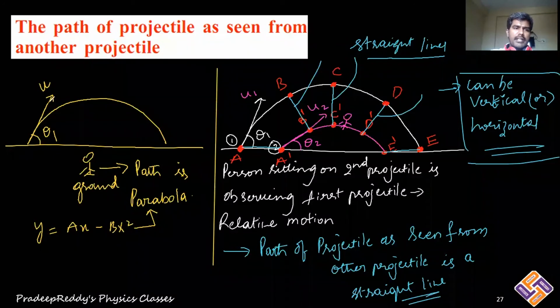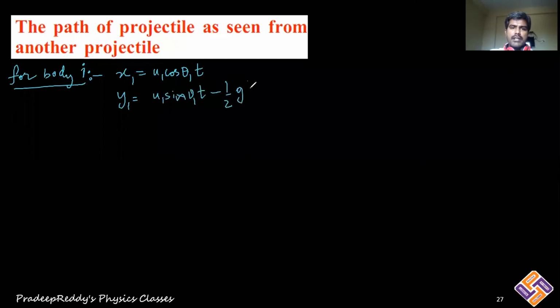Now we have two projectiles. First projectile initial velocity is u1. So for body 1, what is the distance traveled x1? Along the x-axis it is traveling a distance of u1 cos theta 1 into time taken t. Next, what about y1? Distance traveled along the y-axis is u1 sin theta 1 into t minus half g t square.